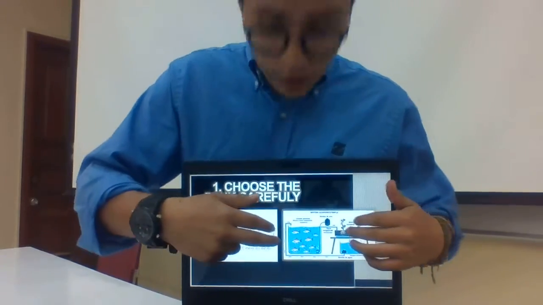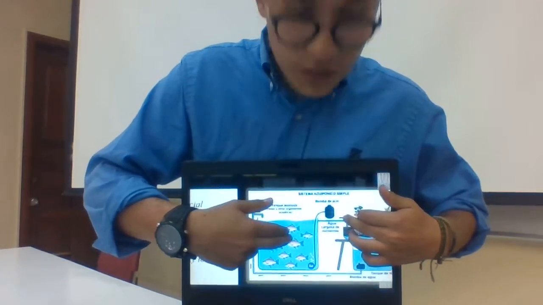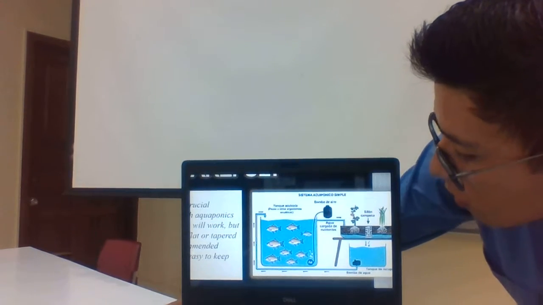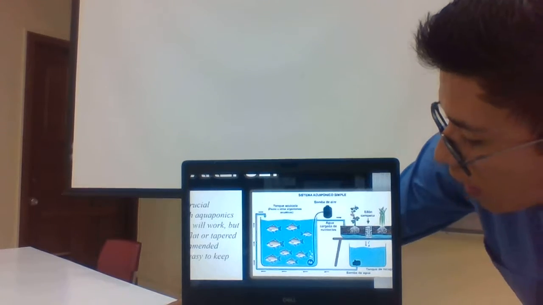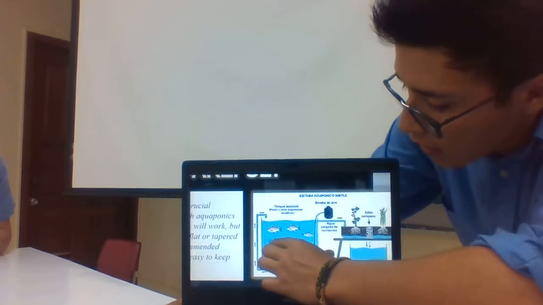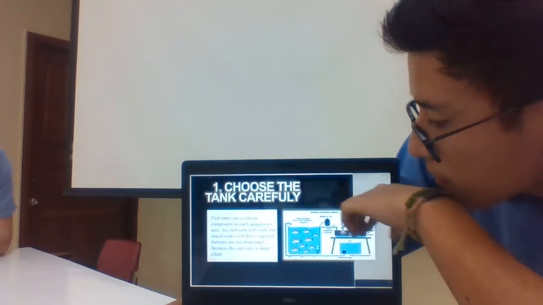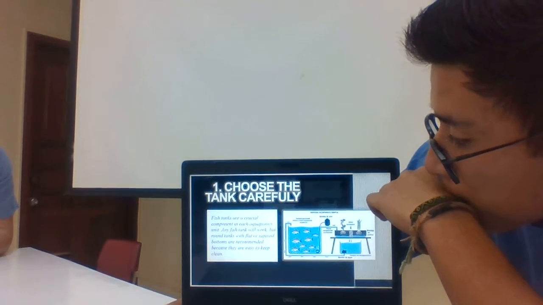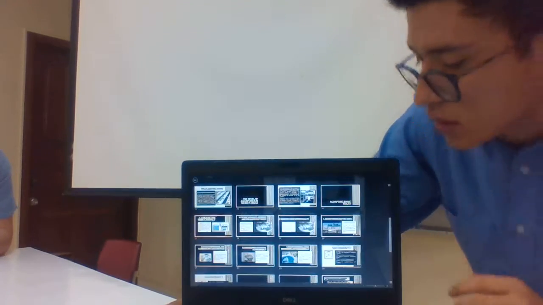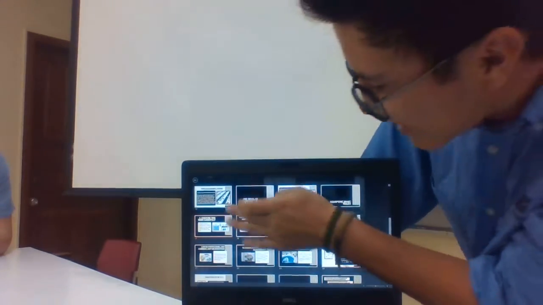As you see in the picture, you have a representation of an aquaponic tank, and you see that at the bottom you have a very round tank, because the cleaning is easier and it has many other benefits.